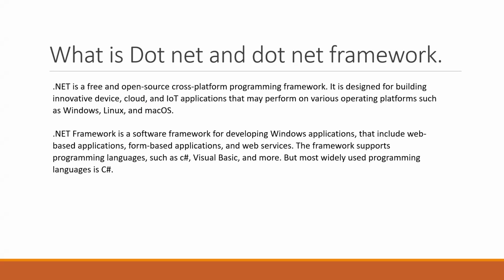So if it is a web application, it will be deployed only on Windows. There are a few changes we have to make, and then we can deploy it on a Linux-based machine. So that is the basic difference. And both .NET Core as well as .NET Framework support programming languages like C Sharp, Visual Basic, and F Sharp.